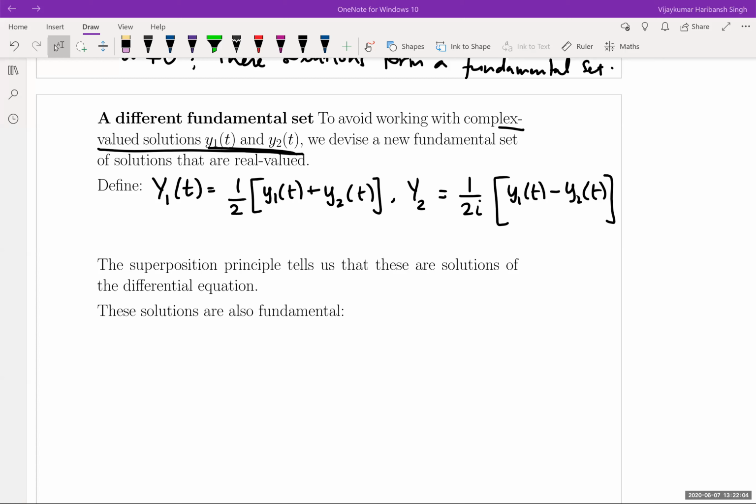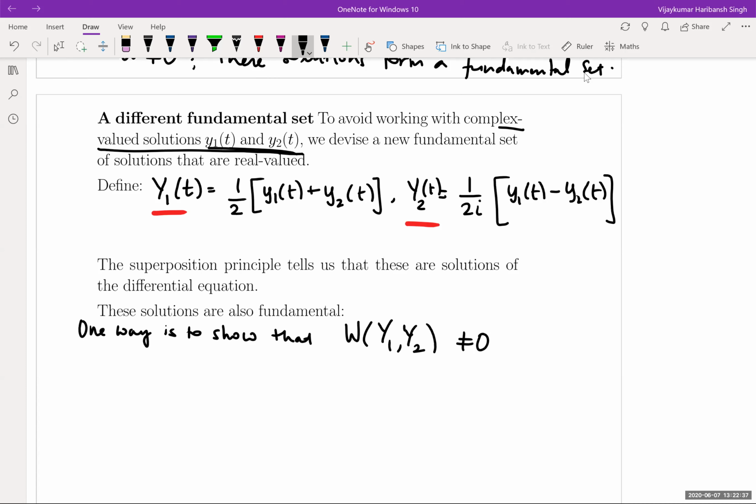Now, how do we show that these solutions are fundamental? Well, one way is to look at the Wronskian. You can show that the Wronskian of capital Y1 and Y2 is non-zero. That's one way.